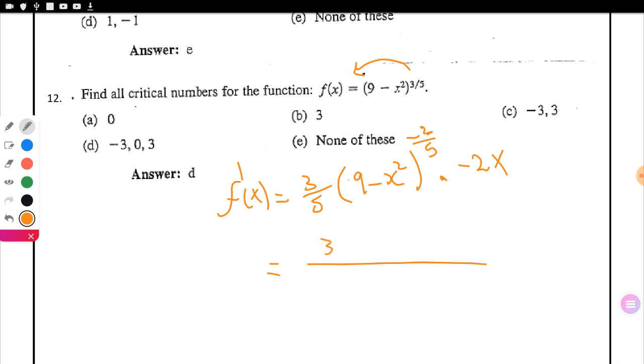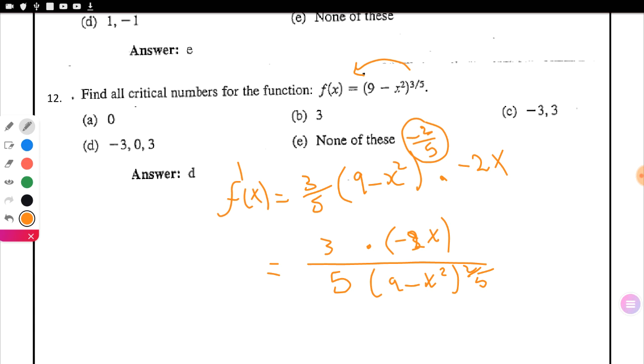Then rewrite the function in the simplest form. Here 3 and here 5. The factor with a negative power goes in the denominator: (9 minus x squared) all to the power 2/5, and the factor with no negative power, 2x, stays on top.